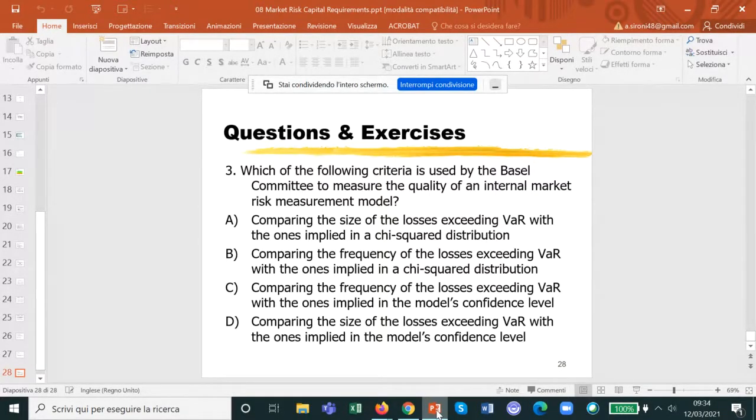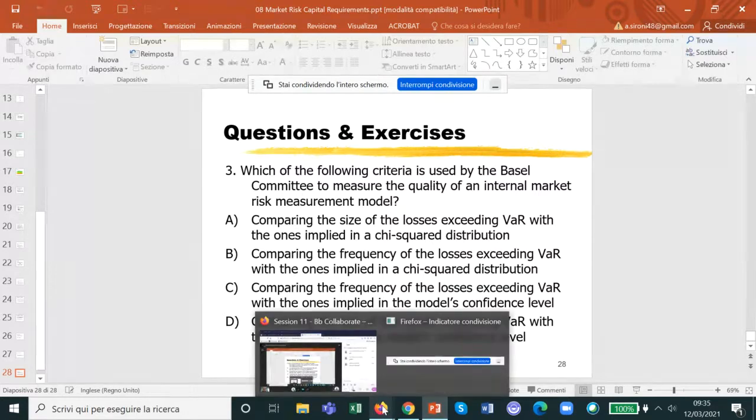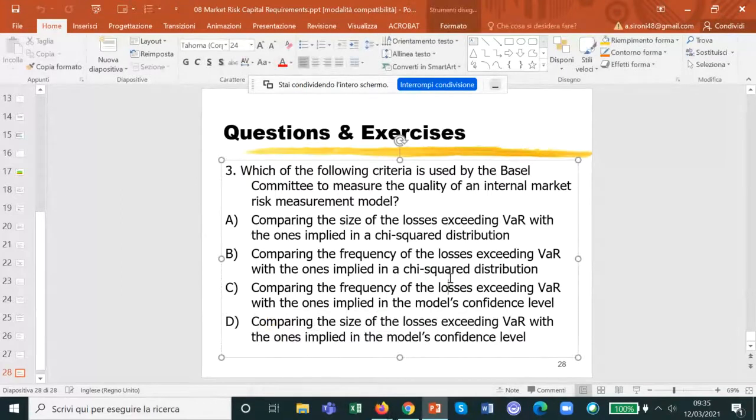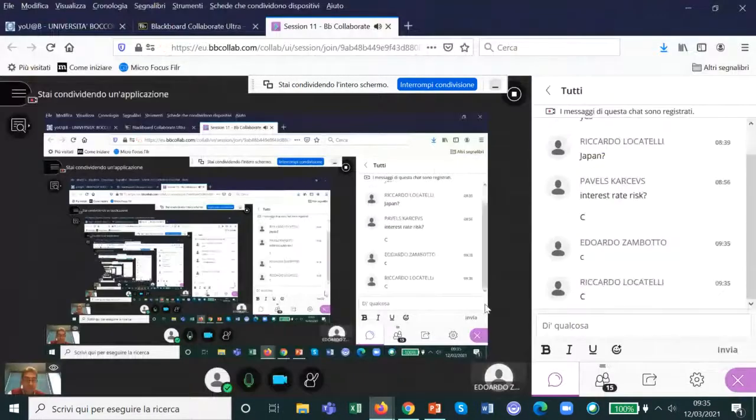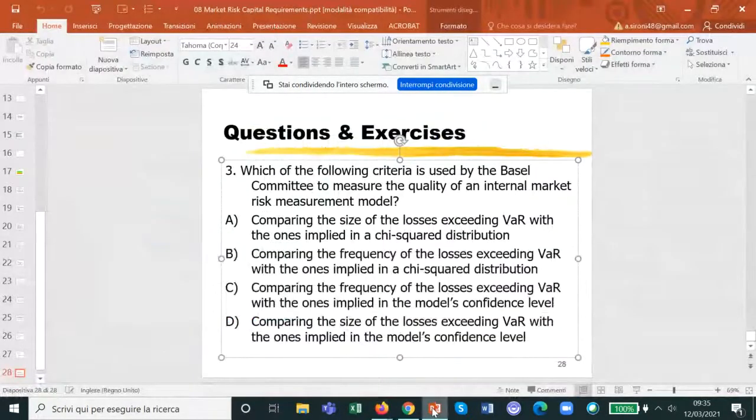What's the correct answer? No one wants to try? C, exactly. C is the correct answer: comparing the frequency of the losses exceeding value at risk with the ones implied in the model's confidence level. Okay?